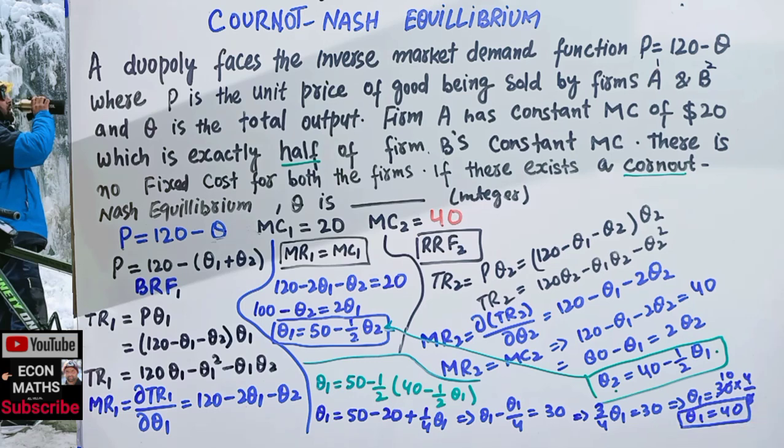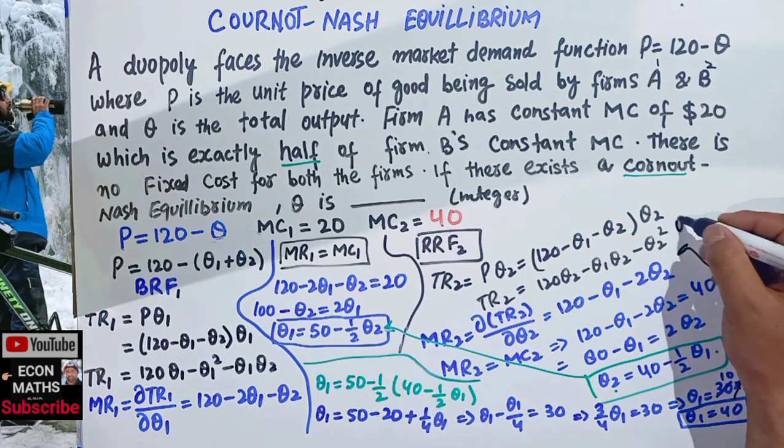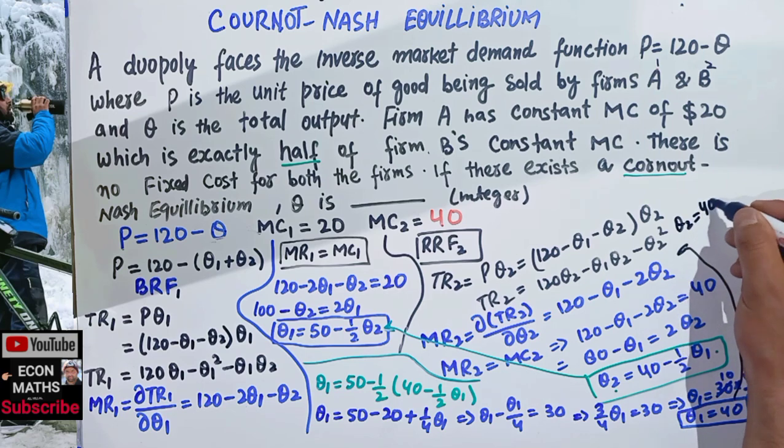If Q1 is equal to 40, what will be Q2? Q2 is equal to 40 minus 1/2 Q1.